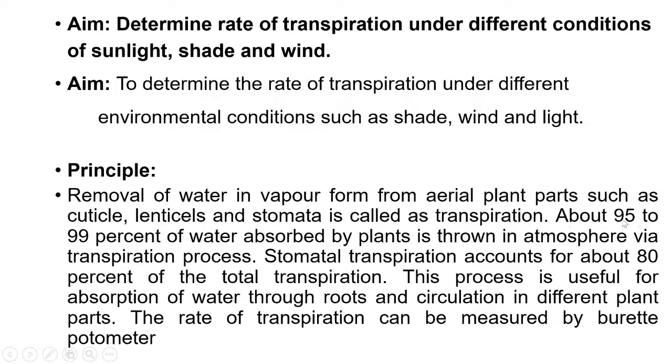About 95 to 99% of water absorbed by plants is thrown into the atmosphere via transpiration. Stomatal transpiration accounts for about 80% of the total transpiration. That means more water is transferred in the form of water vapor through the stomata.